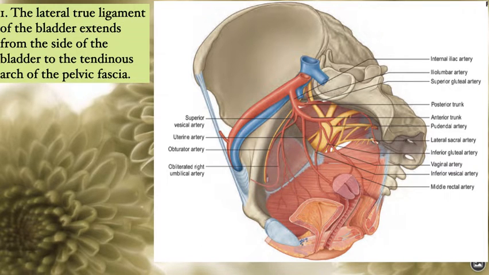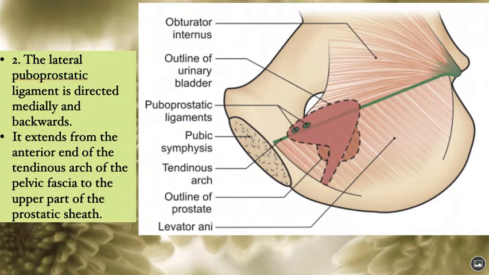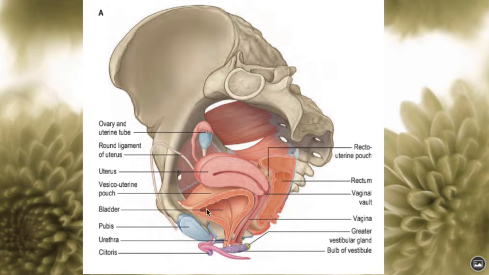So, the lateral ligaments. Then we have the lateral puboprostatic ligament directed medially and backward, extending from the anterior end of the tendinous arch of the pelvic fascia to the upper part of the prostatic sheath. Right here, prostatic sheath.